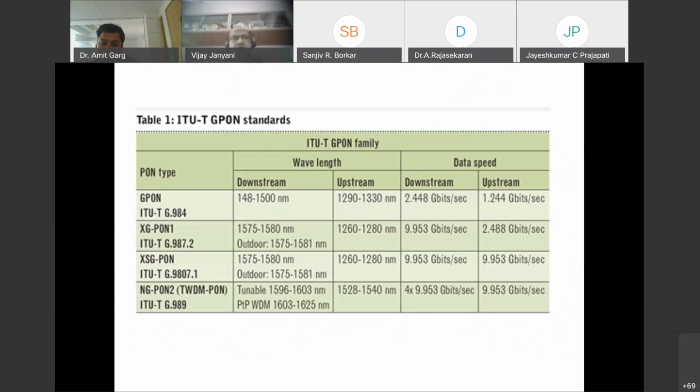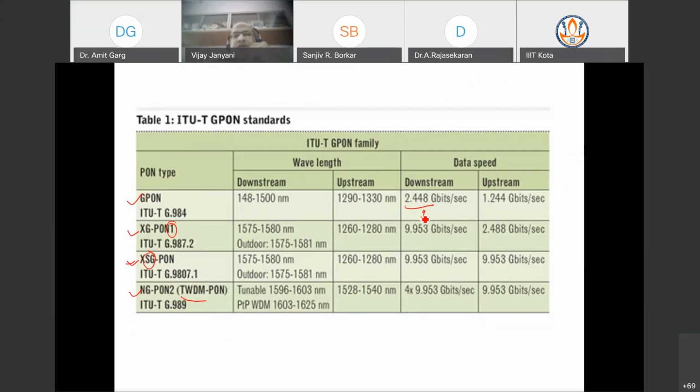This is just a tabular comparison of GPON, XG-PON1, and XGS, symmetrical PON, and then NG-PON2, that is TWDM PON. This is a typo here, XGS. You can see the downstream and upstream wavelengths here.